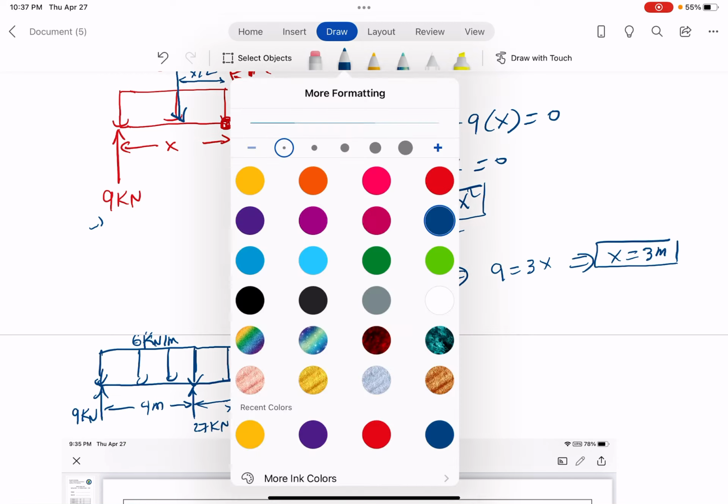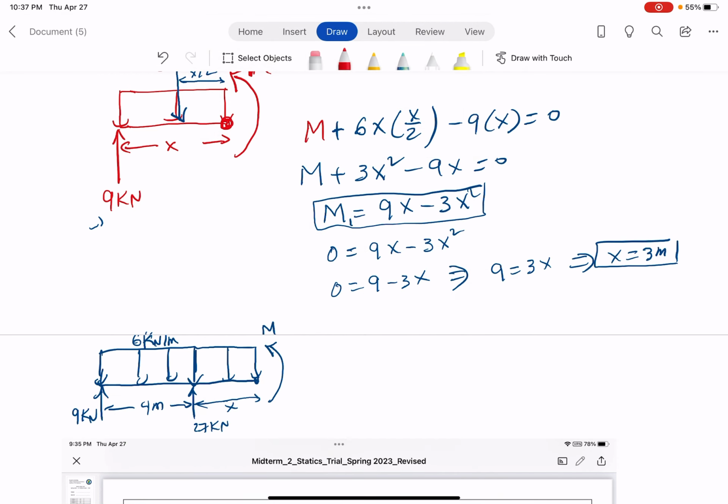Okay, let's look at the first point load. 6 times 4 is 24 kilonewton. This is the load for the 4 meters.